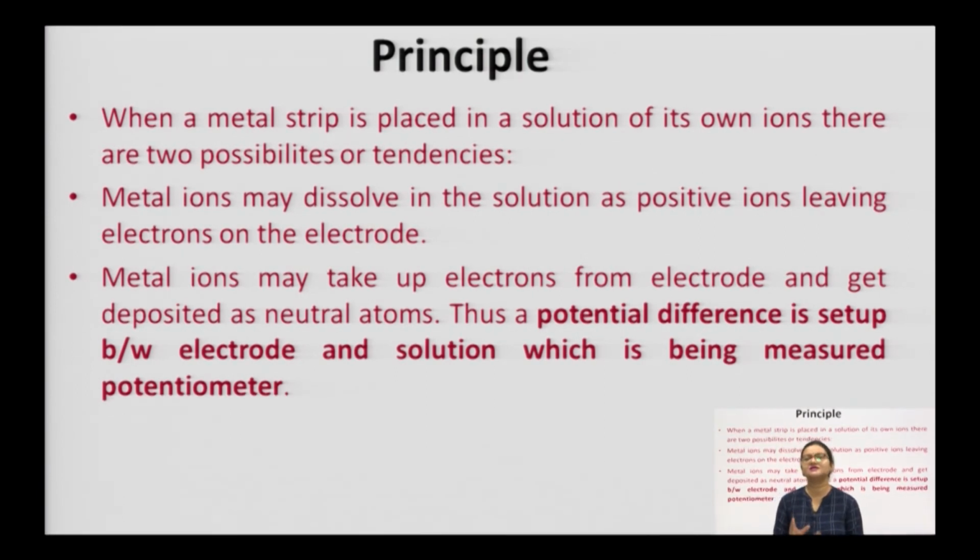So, that is the purpose of the indicator electrode, which is directly related to the changes in analytical concentration, or the concentration of the solution in which it is dipped. The reference electrode is quite stable, it is quite insensitive to changes in the analytical concentration of the solution.